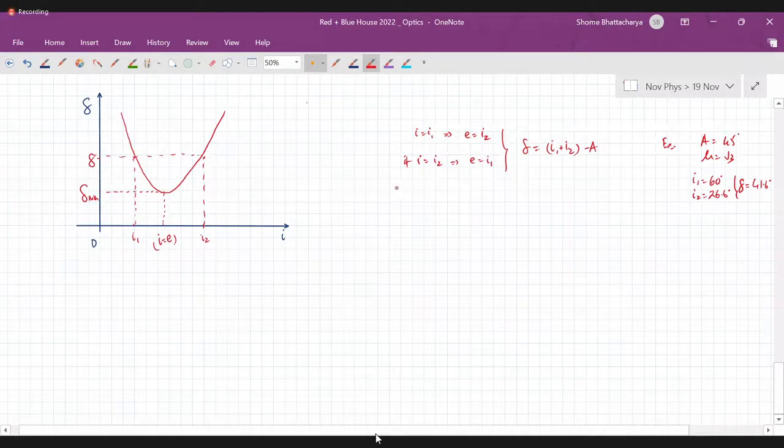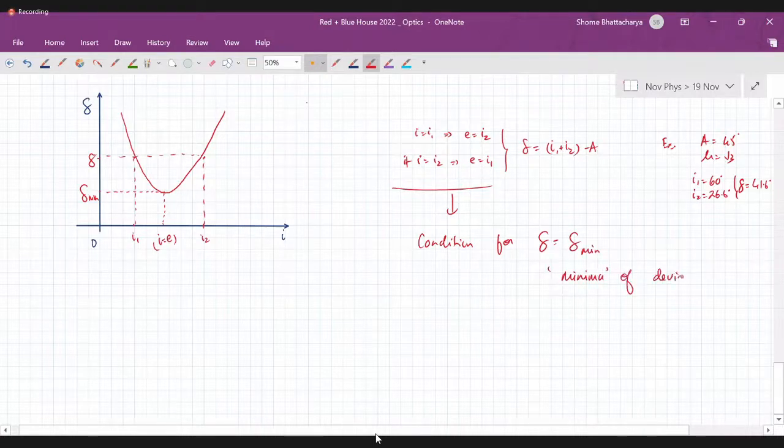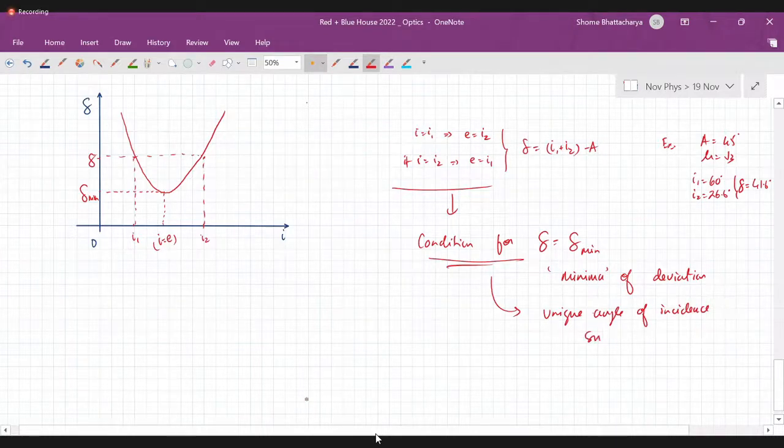So from this, we understand that the condition for the minimum possible angle of deviation is that there is a unique angle of incidence such that at that angle of incidence, the angle of incidence becomes equal to the angle of emergence.